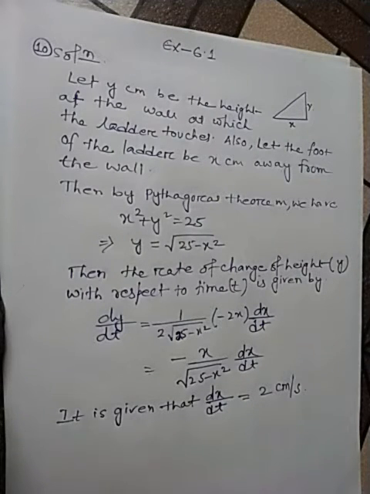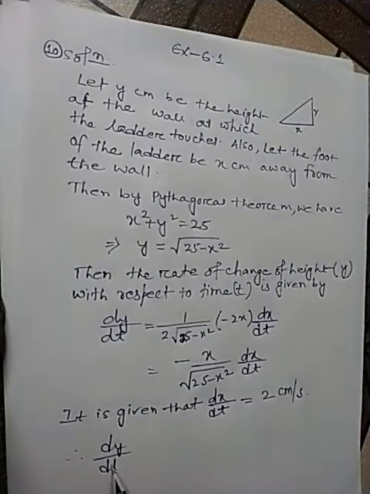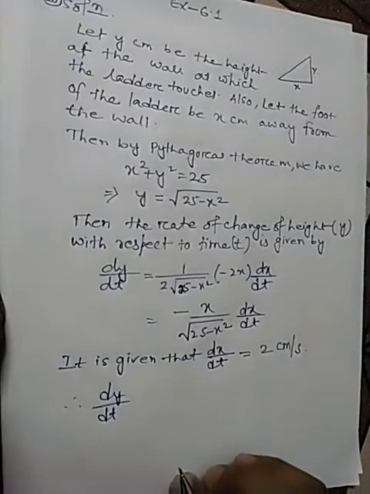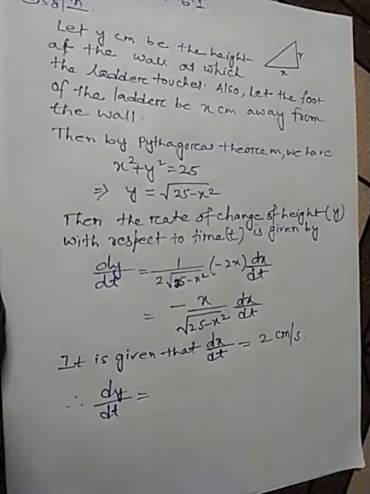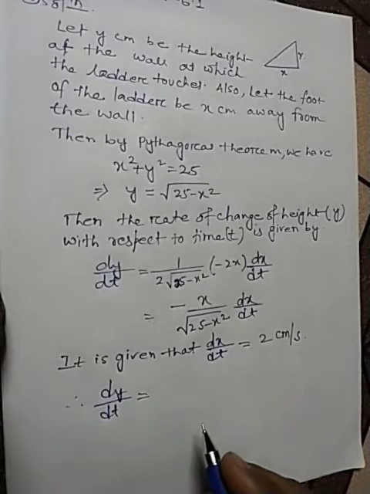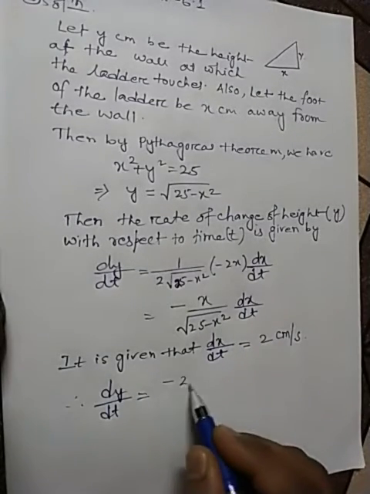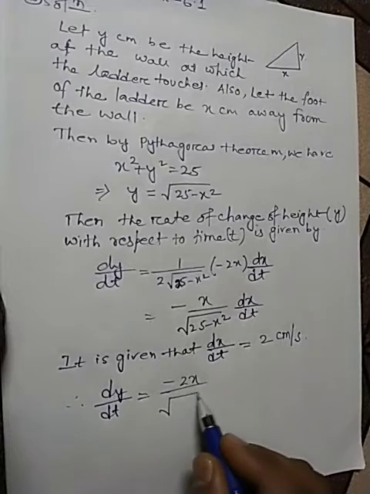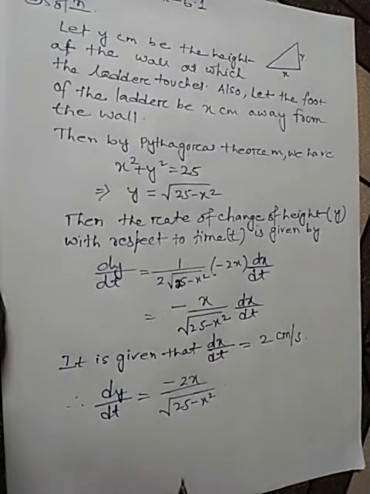Therefore dy by dt equals minus 2x divided by root of 25 minus x square. Clear?